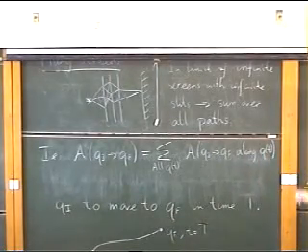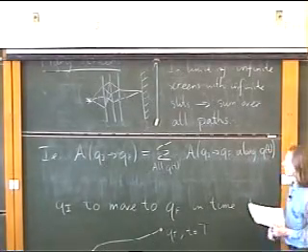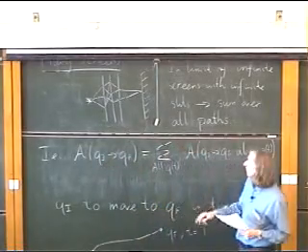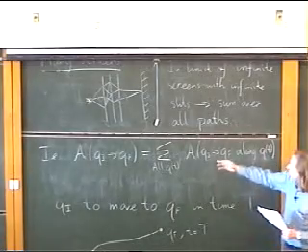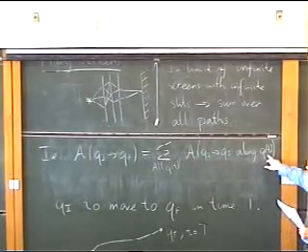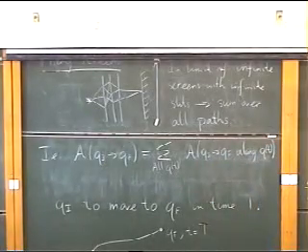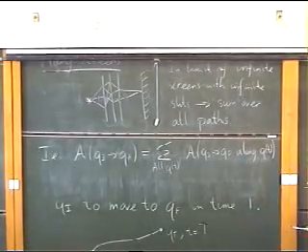So if you take a specific path, you could calculate some amplitude for that, and then to get the general amplitude for just starting here and finishing here, in the given time and other things I've not written down here, you pick the amplitude for a specific path and you sum over all possible paths. Now, how do you sum over all possible paths? Well, that's what we're going to see next, how you actually do that.